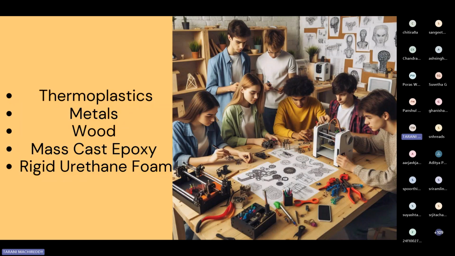And another metal we use most commonly in prototyping, can anyone guess? I said metal, not plastic. Yeah, aluminum. Not iron. We use aluminum. So we use aluminum and steel as the most common metals in prototyping.